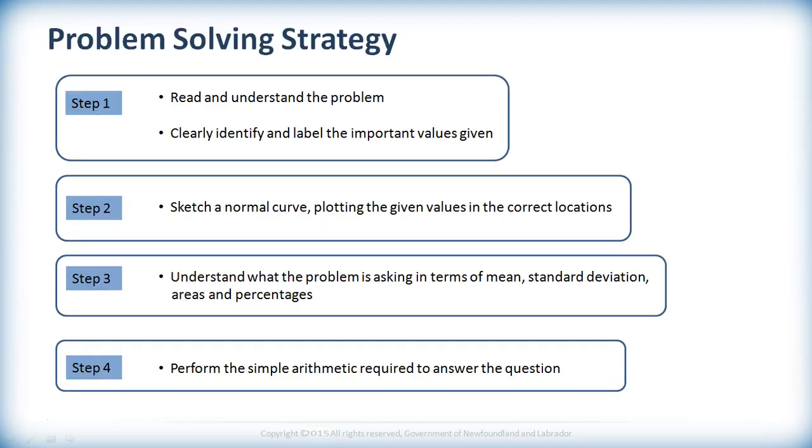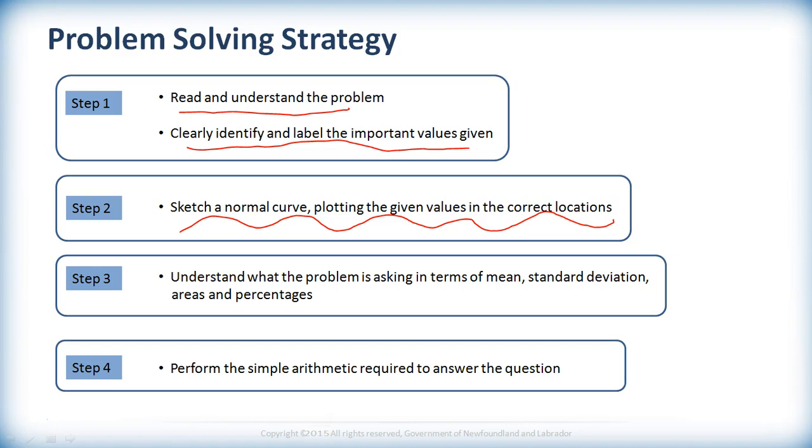Here we go. If we're going to develop a problem-solving strategy that involves using a normal distribution, as always, we want to read and understand the problem and clearly identify and label the important values that are given. From there, it's going to be real important for us to make a sketch of the normal curve. And I cheated a little bit and gave myself a bell curve on each one because you know how bad I can draw things. So we're going to sketch a normal curve and plot the given values in the correct locations, and that'll help us understand what's going on.